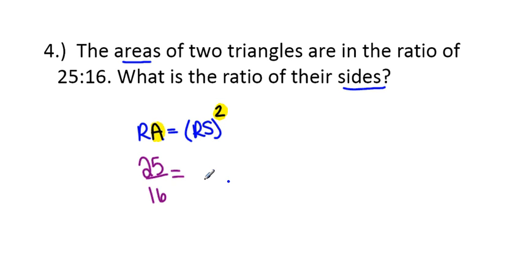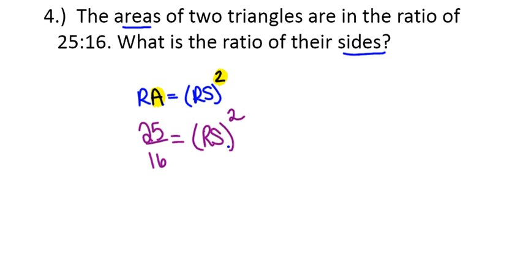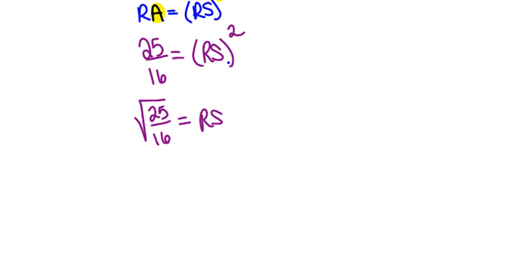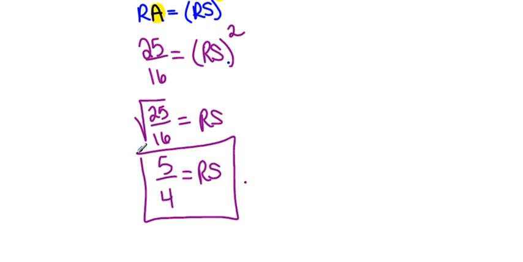They want us to find the ratio of the sides. Well, to undo squaring something, I'm simply going to take the square root of both sides. So I find that the ratio of my sides is equal to the square root of 25 over the square root of 16, or in other words, 5 to 4. Again, the key here, take the time to write this little formula down. It will take the complicated and make it much, much simpler.